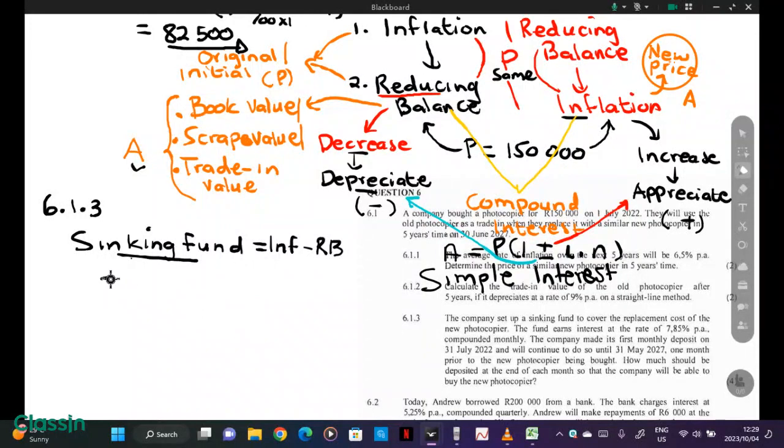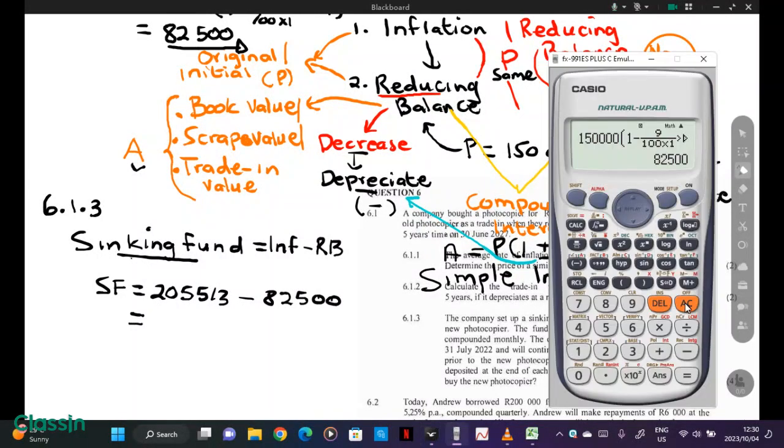So it means that our sinking fund is going to be 205,512 or 513 minus 82,500. And when we press this on a calculator, we will get 205,513 minus 82,500.